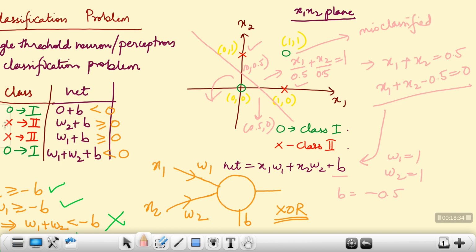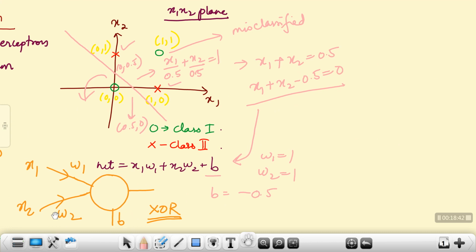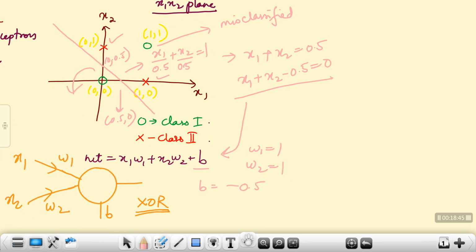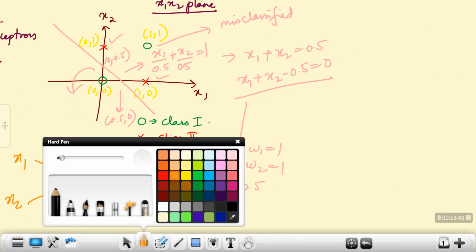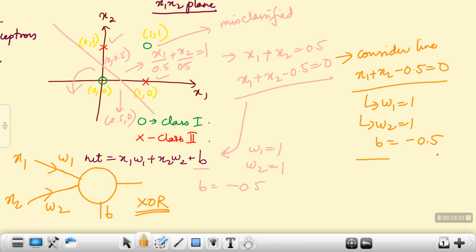Is that clear? So if we consider this particular line, x1 plus x2 minus 0.5, this gives rise to W1 equal to 1, W2 equal to 1, and bias equal to minus 0.5.